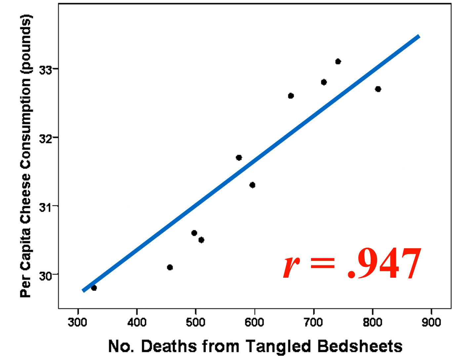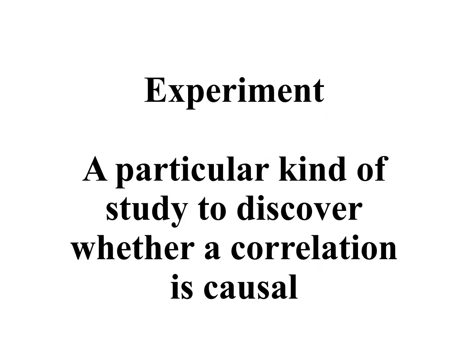For instance, we talked about the very large and totally spurious correlation between annual cheese consumption and the number of deaths from tangled bed sheets. We also said that an experiment is a particular kind of study that is designed to discover whether a correlation between two variables is really causal.